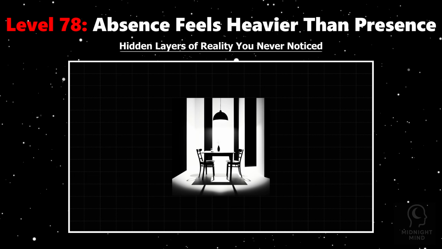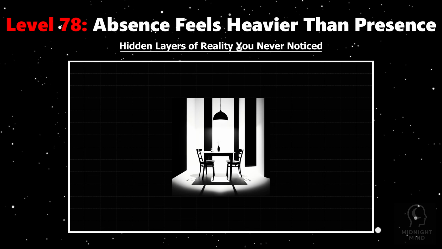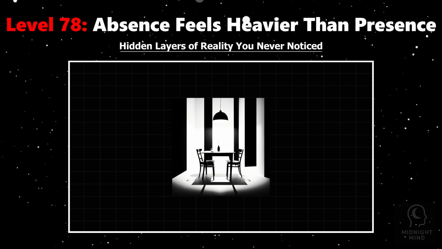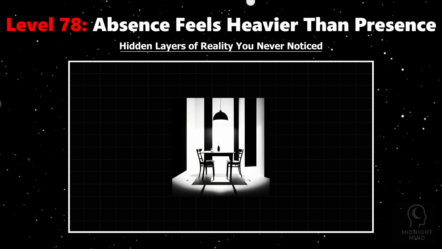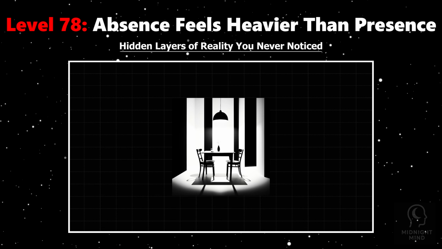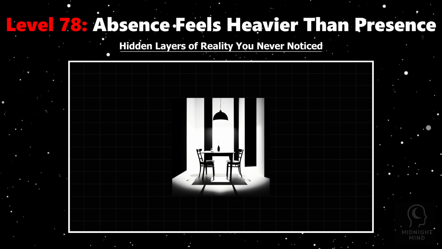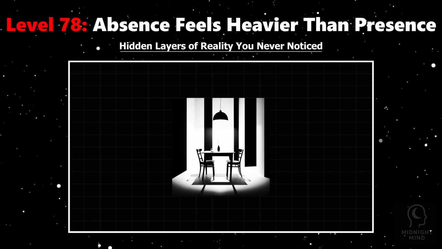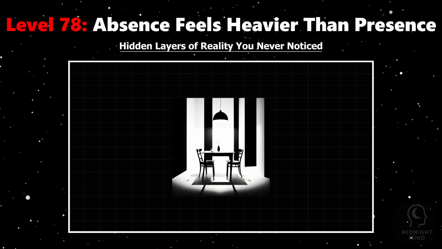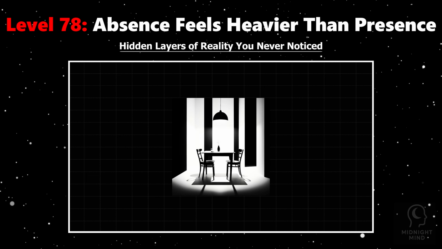Psychologists call this the negativity bias, a survival mechanism where the brain prioritizes detecting losses and voids over gains. Missing cues signal potential threats or changes requiring urgent attention. Evolutionarily, noticing absence like a missing companion or predator's disappearance could mean danger, prompting heightened awareness.